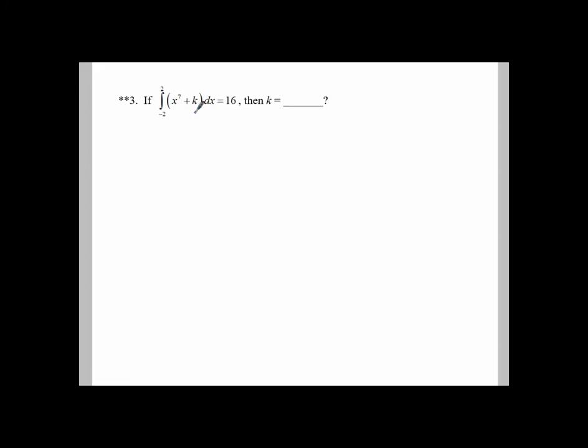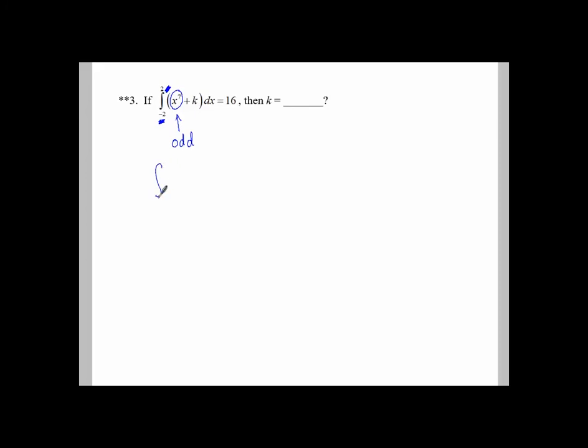Now, another idea is I notice that this term in the function is odd. And when I have an odd function and the limits go from numbers that are equidistant from the origin, remember that that creates equal area above and below the x-axis.